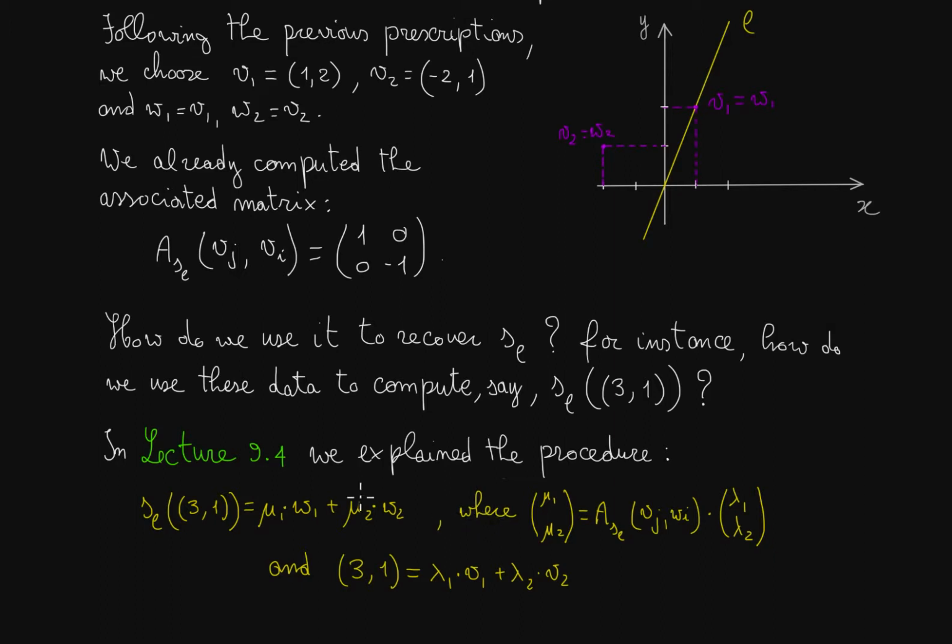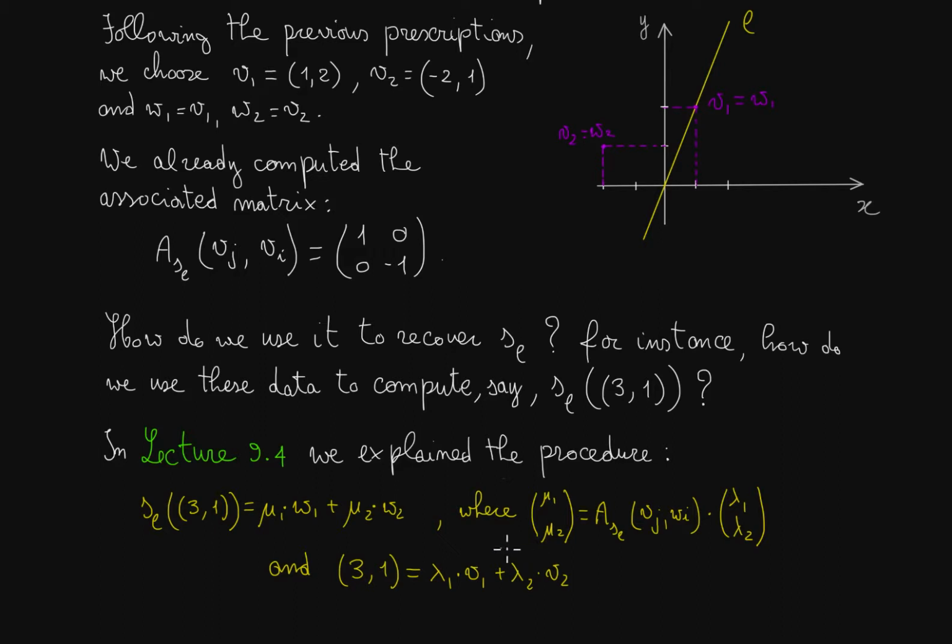And the condition that these mu1 and mu2 must satisfy is dictated by this equality. So mu1 and mu2 are the product of this column vector lambda1, lambda2 multiplied on the left by the associated matrix. How do we find lambda1, lambda2, since the associated matrix we already have?